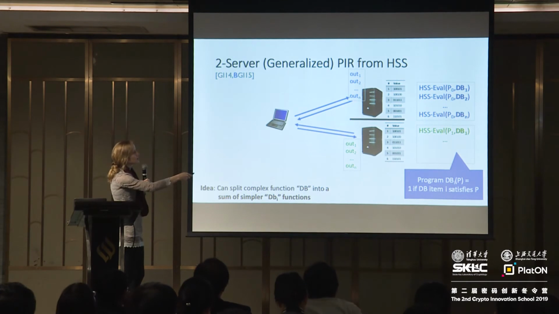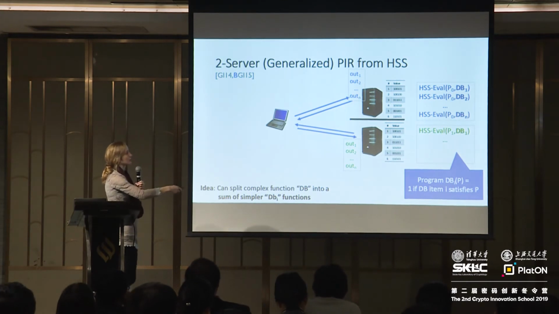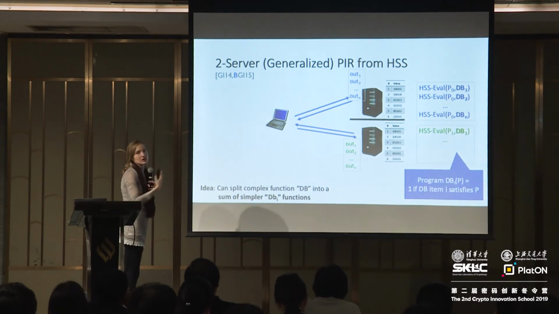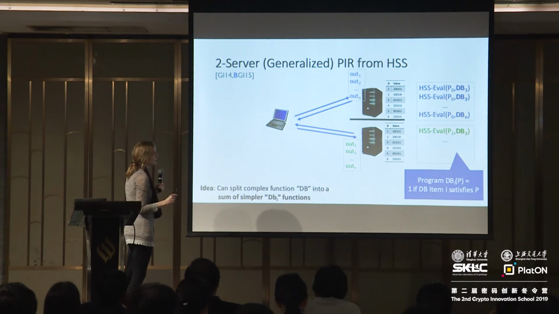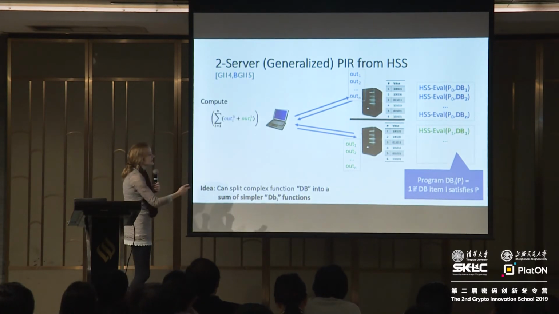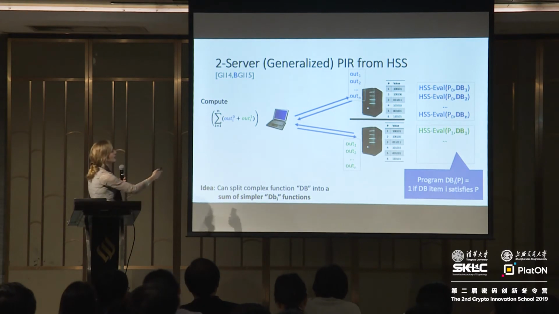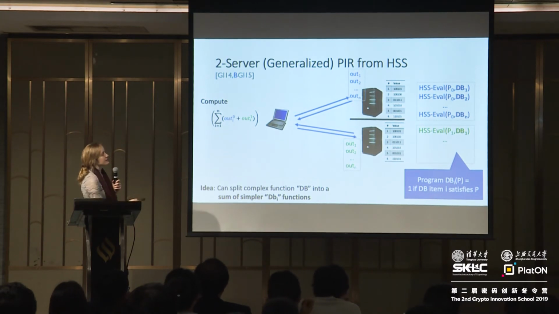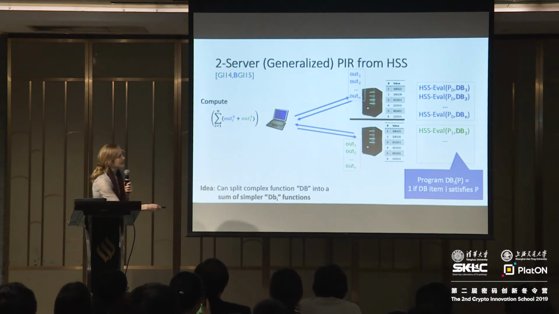Each of the servers now has n separate outputs. Okay, and suppose that they sent over all of these outputs. This is very long, we'll get rid of this soon. But if we were to send over all of these outputs, then by the definition of this function, what the client wants is this: if I take any one of these, say the first here and the first here, and I add them up, this gives me exactly this database sub 1 function applied to the predicate.